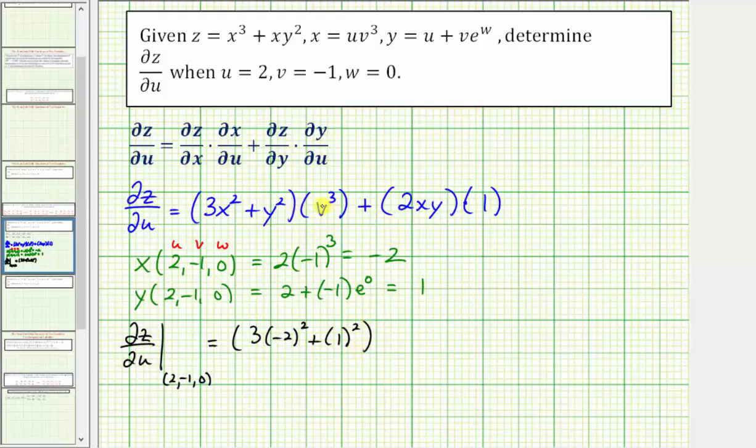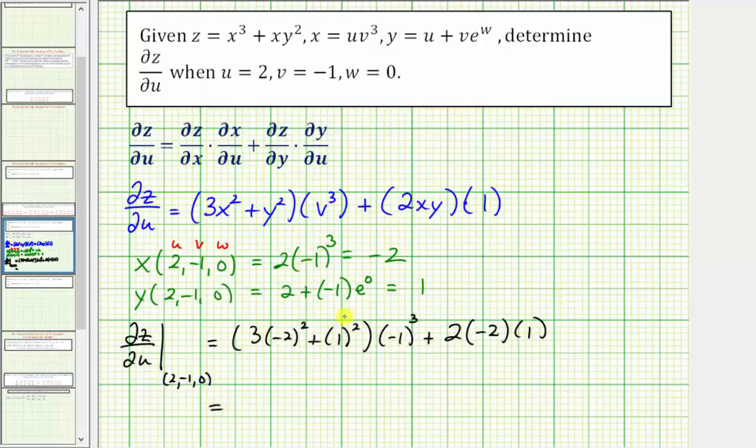So we have this quantity times v cubed, where we know v is -1, so times -1 cubed, and then plus 2xy times 1, which is just 2xy, so we have 2 times x, which would be -2, times y, which would be +1. So let's go ahead and simplify.